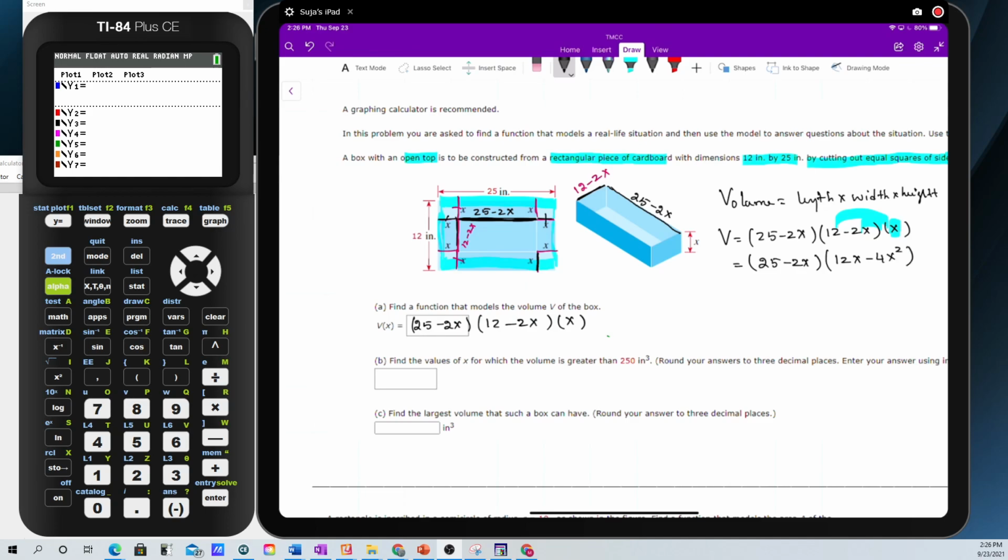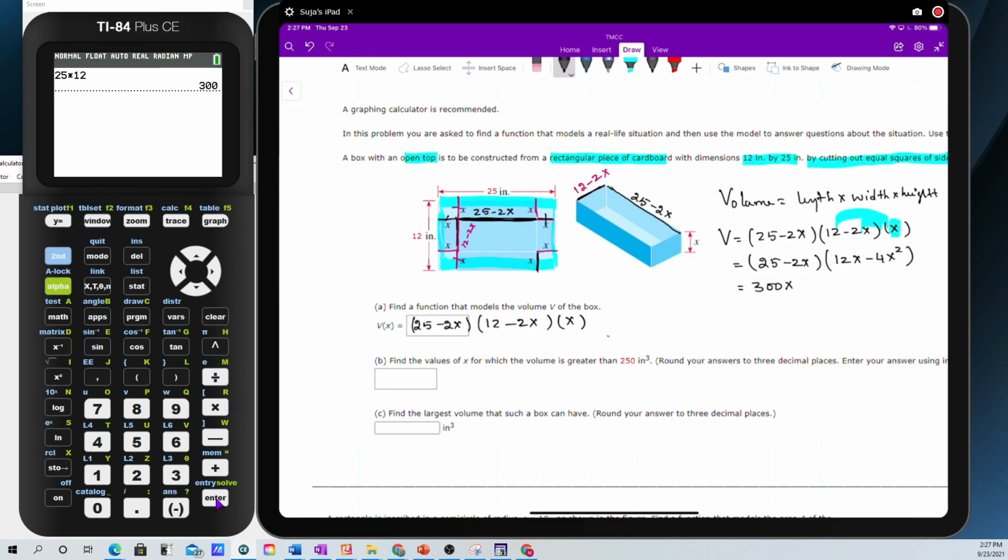And then I'm going to distribute the parentheses, so 25 times 12x. If you want to use your calculator, I'm going to do that right now just so that I don't make any arithmetic errors.